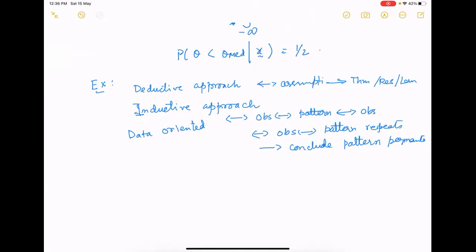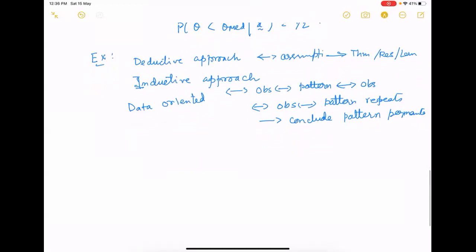The problem with this inductive approach was, this is the typical approach, but the scientists in 1700 and 1800, particularly the people in math and physics, mostly from physics, were not very happy with this kind of approach, because their argument was that if the sun rises from the east for the last 1 million years, that does not lead us to conclude that the sun will rise tomorrow from the east.